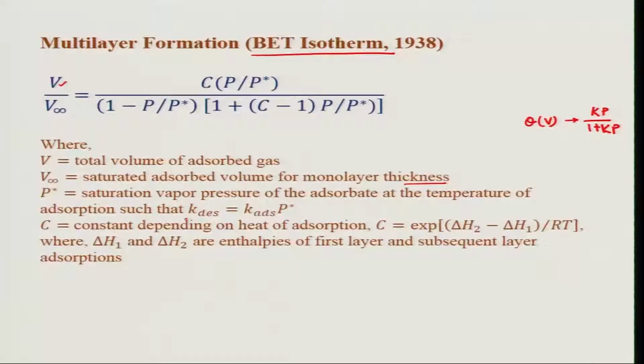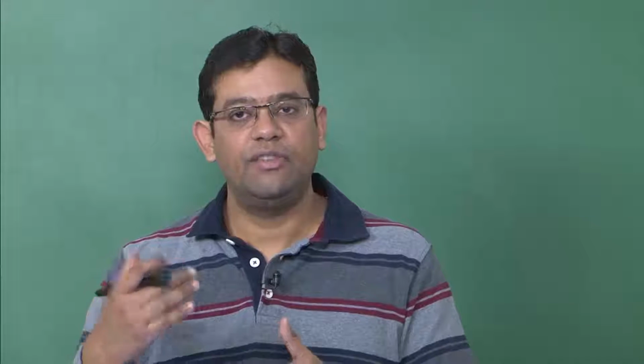So, this is the pressure at which there will be an equilibrium. What is the pressure at which there is saturation at the given temperature? There is no change in desorption and adsorption rate, and it is fixed. C is a constant depending on the heat of adsorption. This heat of adsorption is the enthalpy or energy change of physisorption.